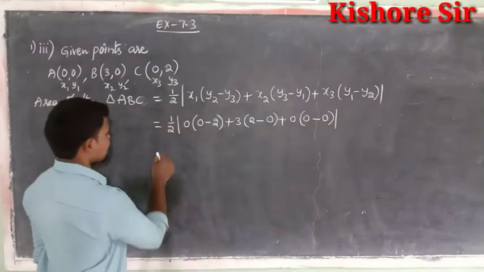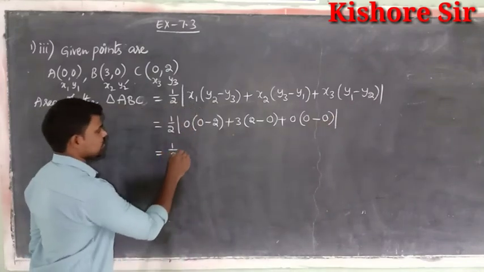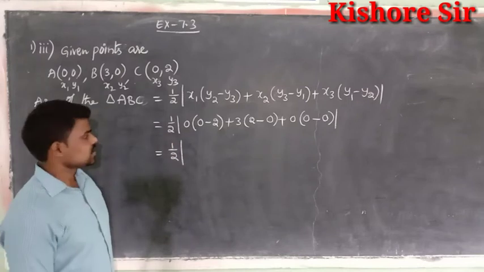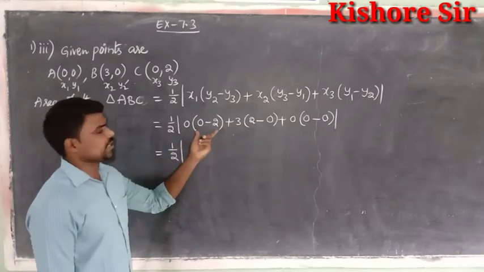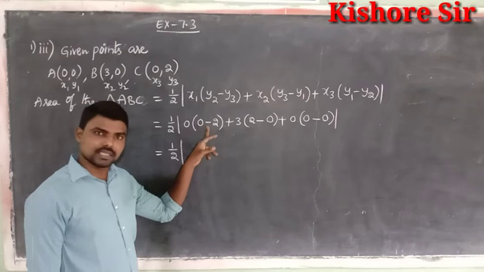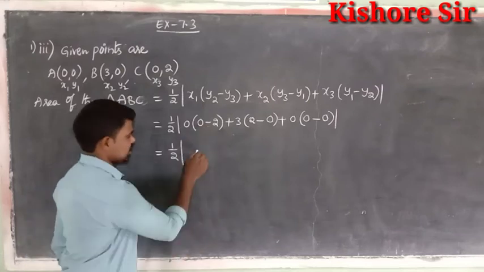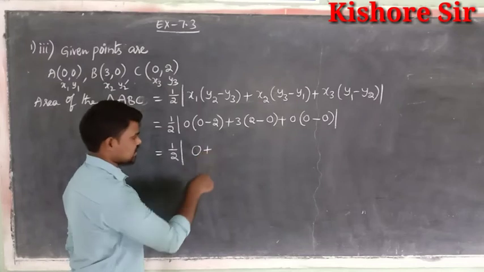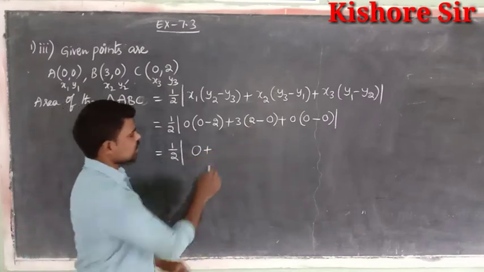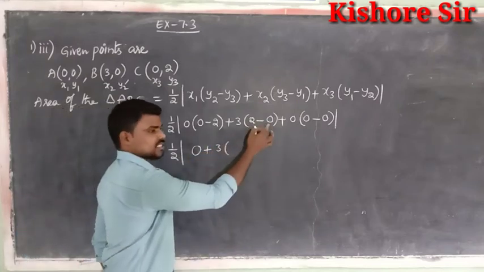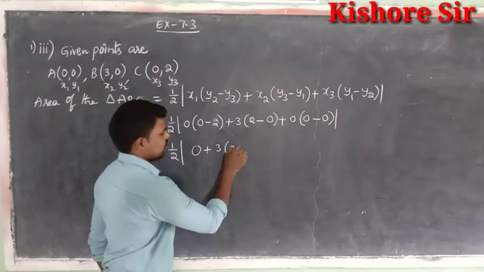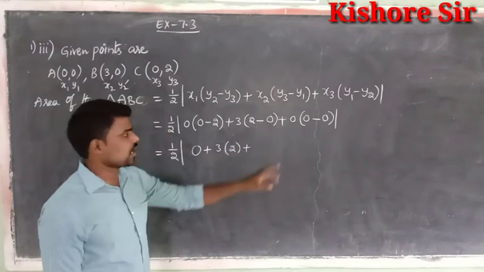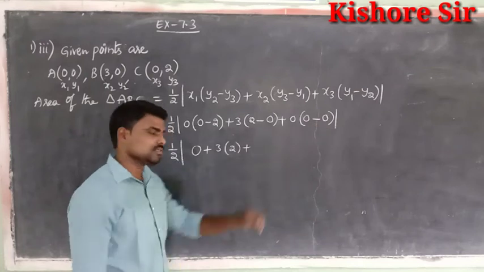Okay, that is equal to 1 by 2 modulus. See here, 0 into anything, the result is 0, plus 3 into (2 minus 0, that is 2), plus 0 into anything, 0.